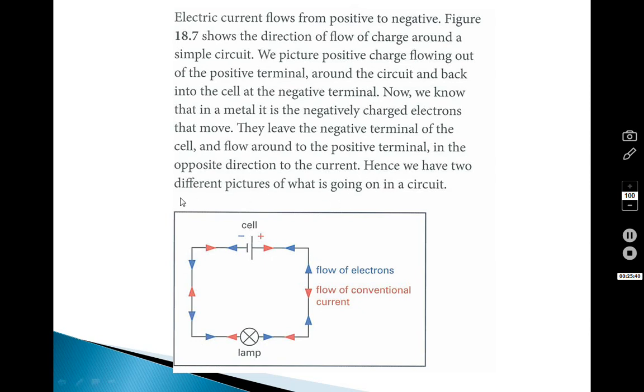Thus we have two different pictures of what is going on in the circuit. Current moves from positive to negative, and the electrons in the opposite direction, from negative to positive, because electrons are negatively charged, so they move to the positive part of the circuit.